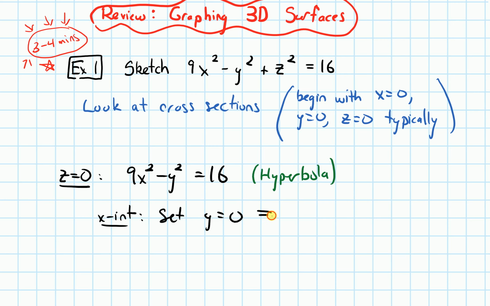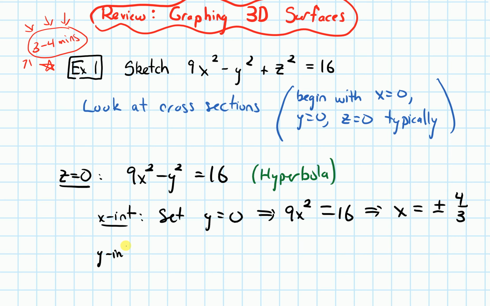And if we set y equal to 0, we get 9x squared equals 16. If we isolate for the x, if we divide by 9 and square root both sides, we get x equals plus or minus 4/3. So the x-intercepts are going to occur at positive 4/3 and negative 4/3 on the x-axis.